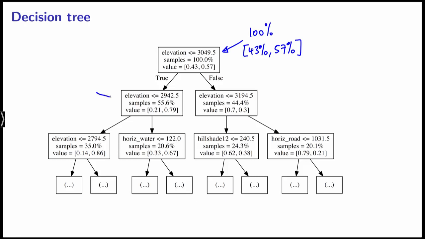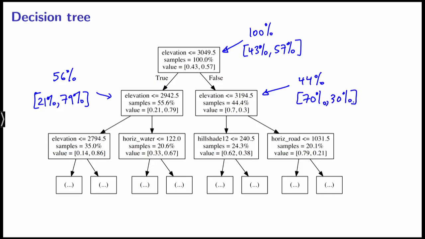On the left, we get 56% of the points, and the remaining 44% of the points go to the right. On the left, we have 21% of the points in class 1 and 79% of the points in class 2. On the right, 70% of the points are in class 1 and 30% of the points are in class 2.